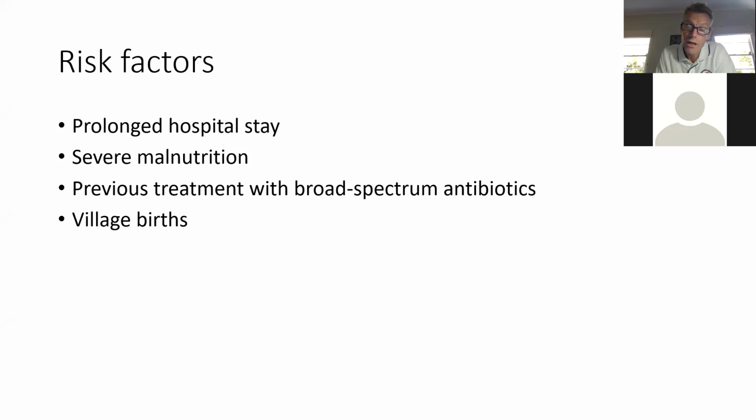And also they often have a variety of different bacteria, like enteric gram-negative bacteria such as Klebsiella and Enterobacter and E. coli. And they also have disordered gut flora, so their bowel flora is not normal. That's partly because of their malnutrition and partly because we give them antibiotics.